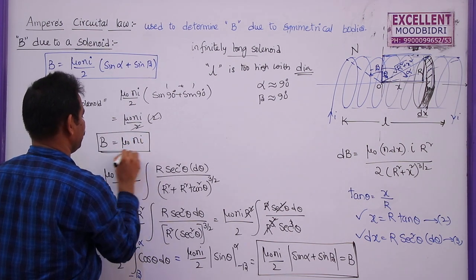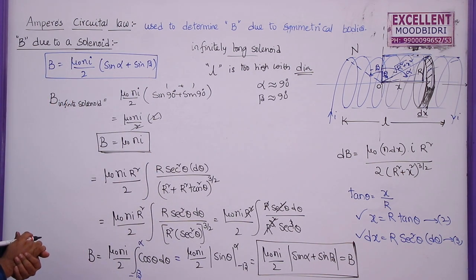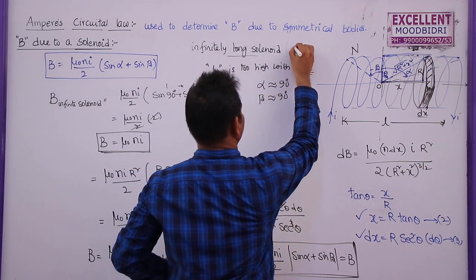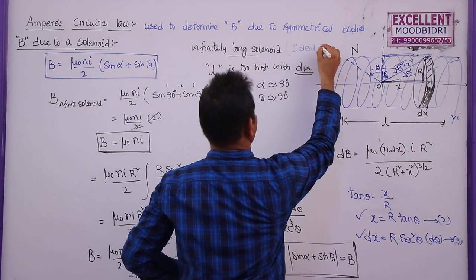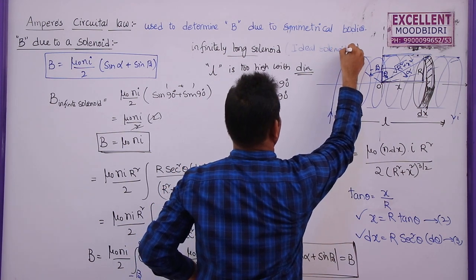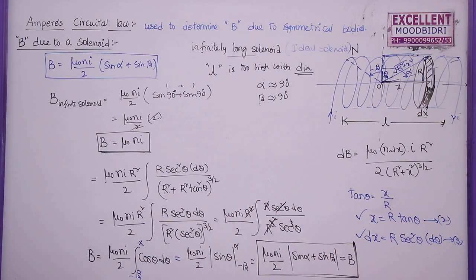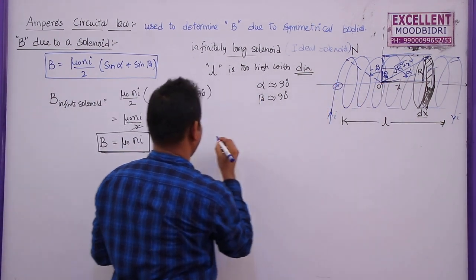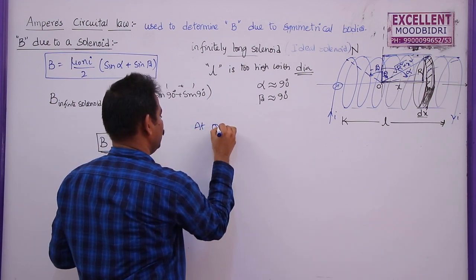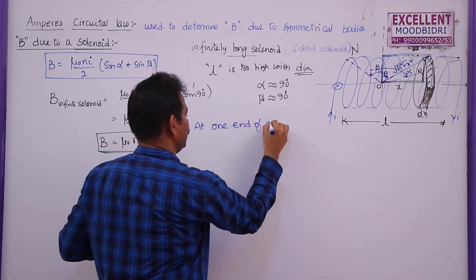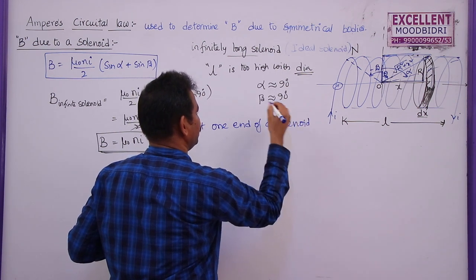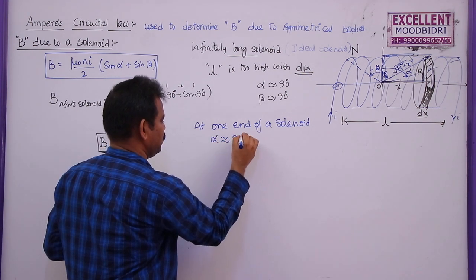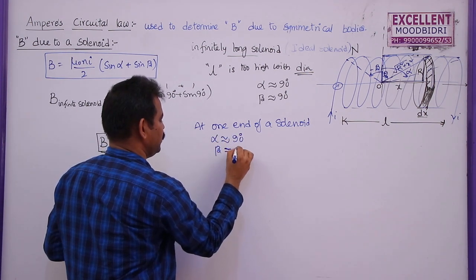So this is the magnetic field at the center of an infinitely long solenoid. An infinitely long solenoid is also called an ideal solenoid. Suppose you take this point at one end of a solenoid of infinite length, that is an ideal solenoid, then alpha will become 90 but beta will become 0.